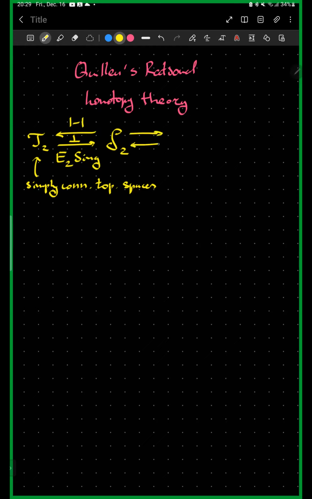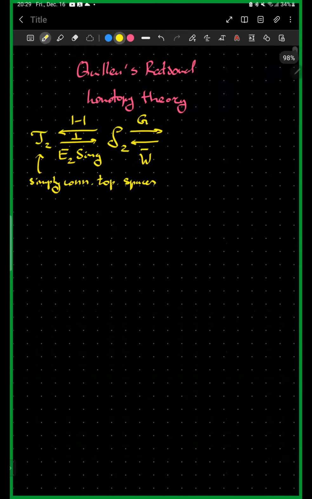Okay, then we move on to another category. So we take the loop simplicial group of a reduced simplicial set. It has an explicit description, but I'm not sure that I want to do this now.